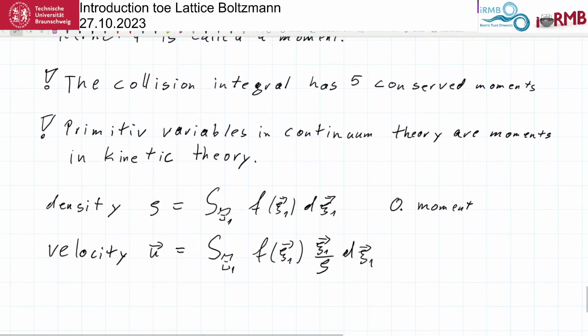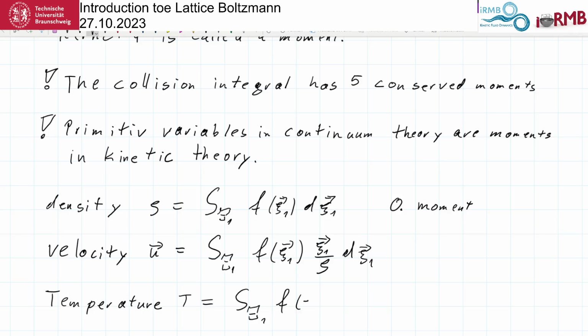And what also drops out in a little bit more complicated way is the temperature T. That would be an integral. It's getting a little bit more involved here because this is related to the center of mass velocity.